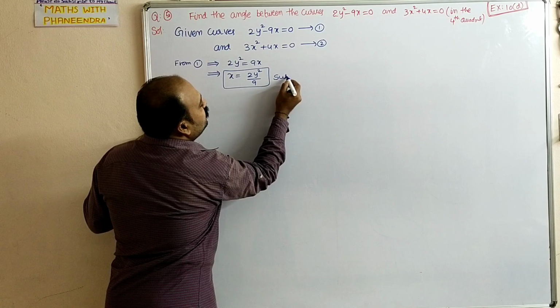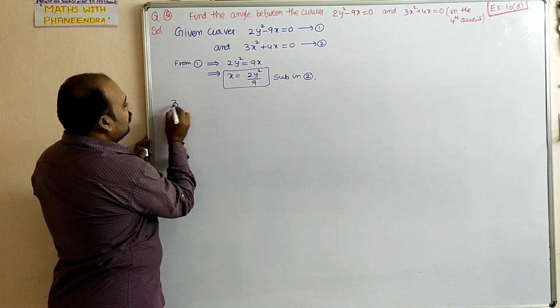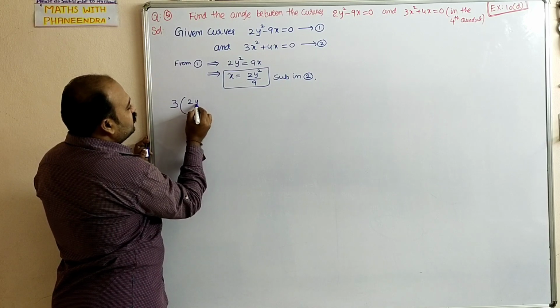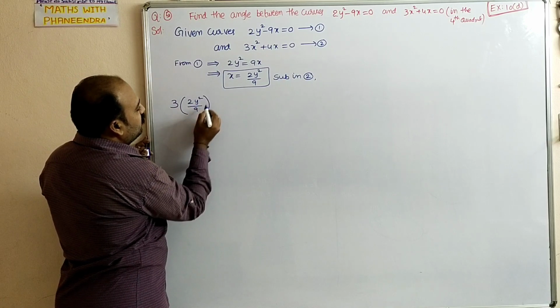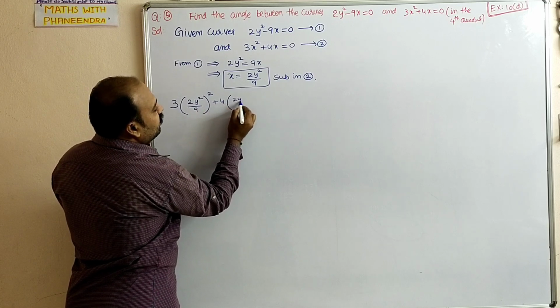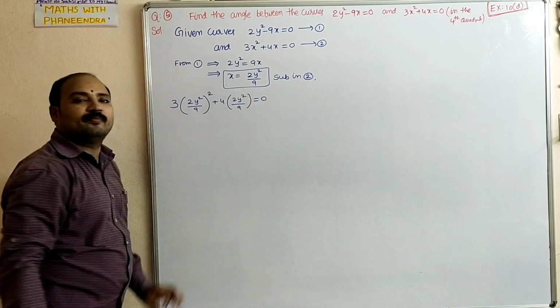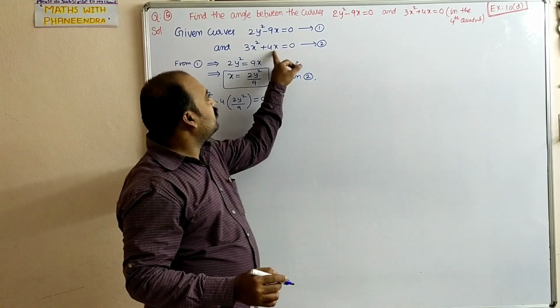Substitute in equation 2. We get 3 into (2y square divided by 9) whole square, that is 3x square, plus 4x, 4 into 2y square divided by 9, equal to 0. One minute, dear students, here I have dropped one.